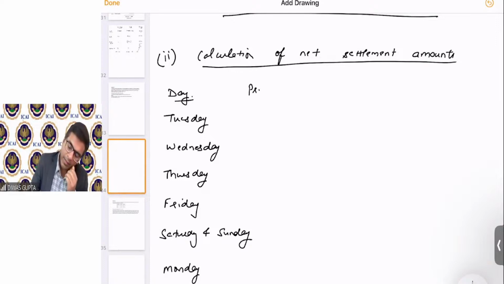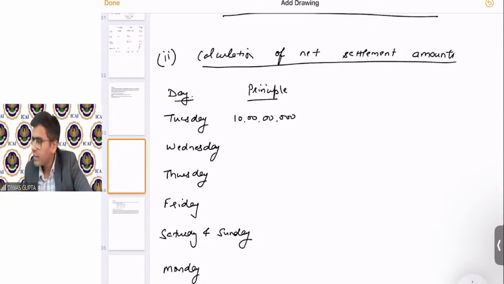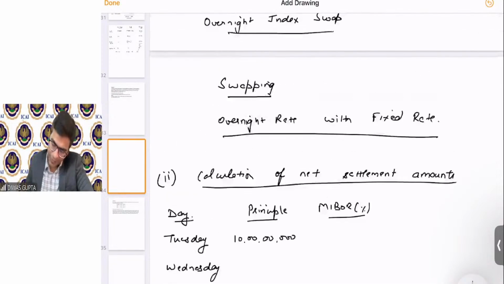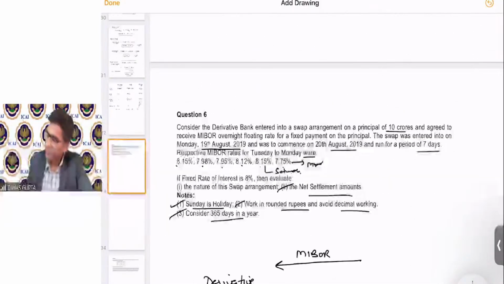What is the principal? Principal amount is 10 crores. Correct? 10 crores. MIBOR. Overnight MIBOR was how much on Tuesday? Let's start with the first rate. 8.15, students.